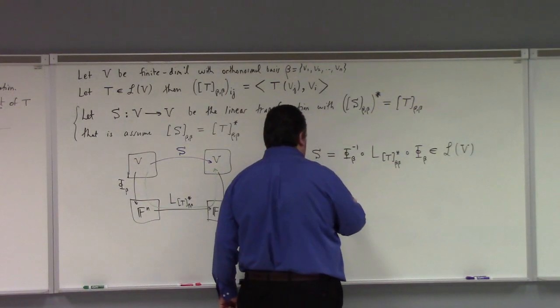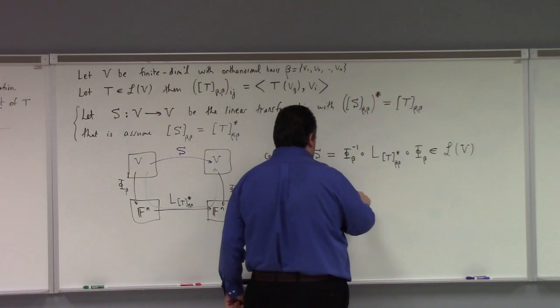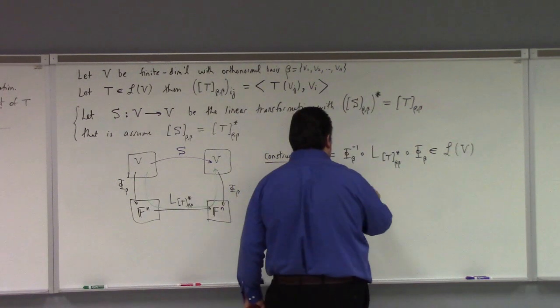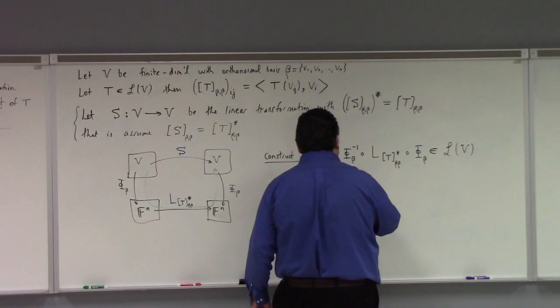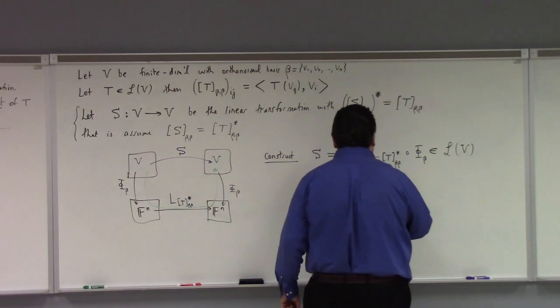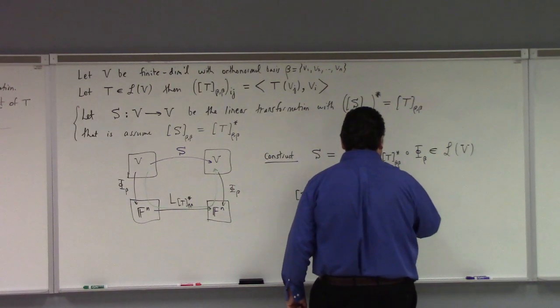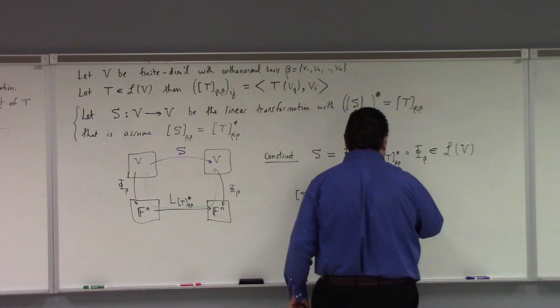We do phi beta inverse of L of T beta beta star, of phi beta of Vj, let's say.